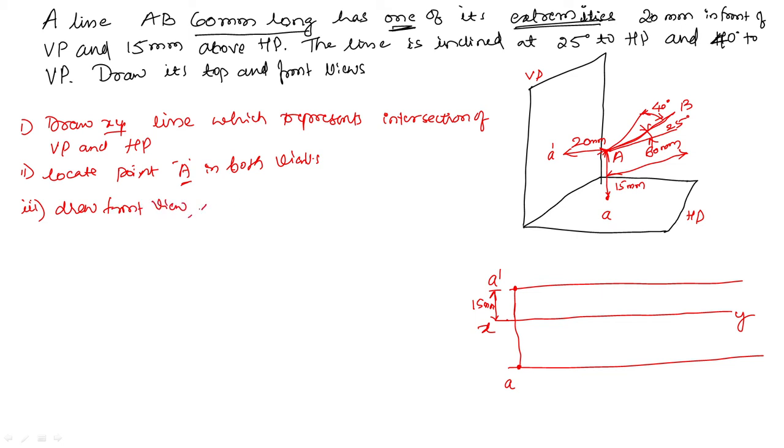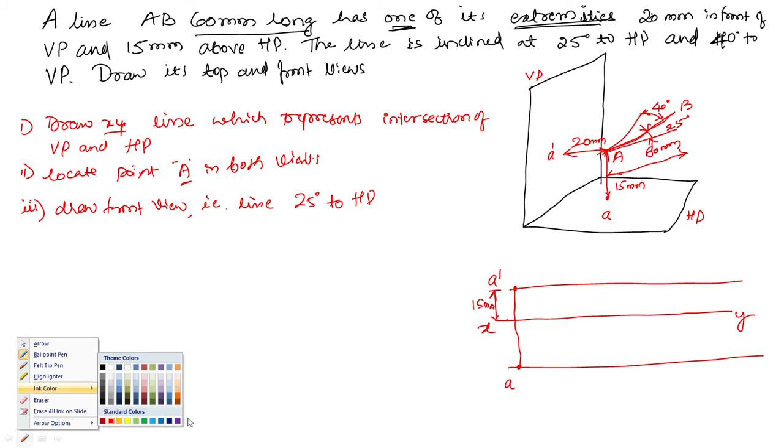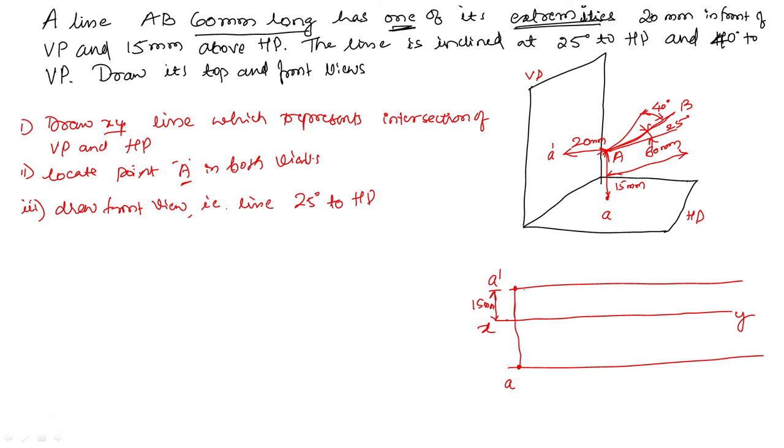Okay, so that line is inclined at how much? 25 degrees to HP. Now, with the help of a protractor, you just mark a 30-degree point here, and you draw a line passing through this mark.